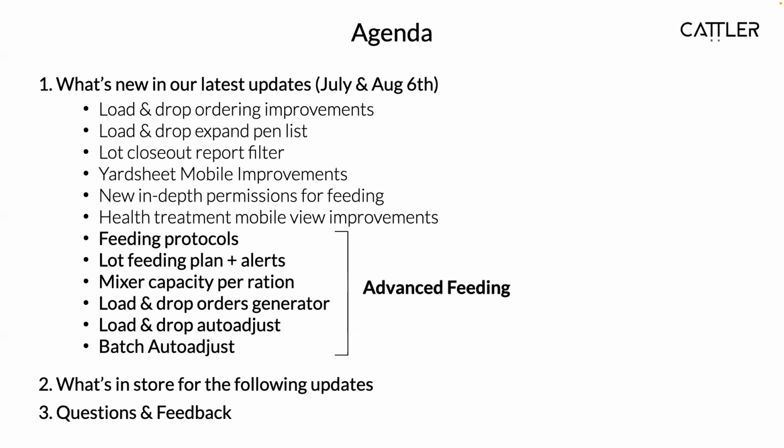And then the last part of July and August, and we're still halfway through August, about 9 days ago, we launched a new package which is called advanced feeding, and we think that it is really relevant in terms of what it allows the feeder manager to do.